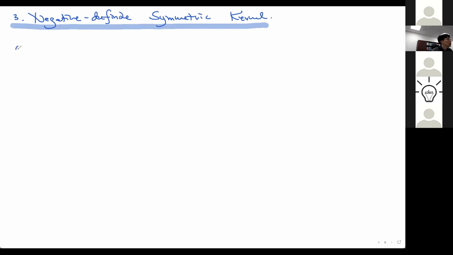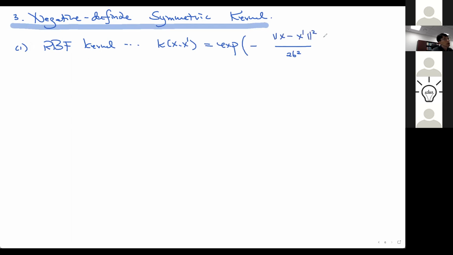The motivation is that, if you remember, we talked about this many times, the RBF kernel has this form: K of x, x prime is the exponential of minus one over 2 sigma squared times the norm of x minus x prime squared.